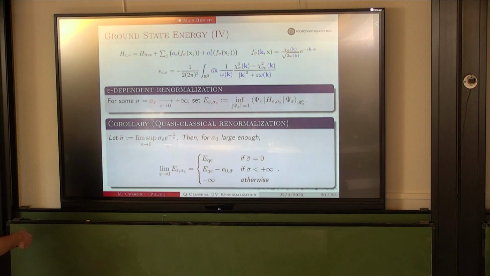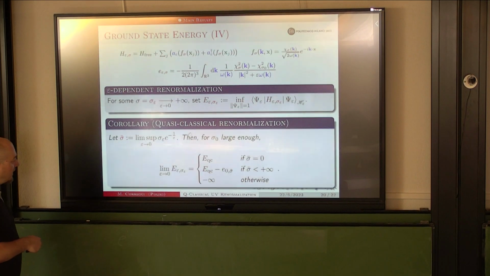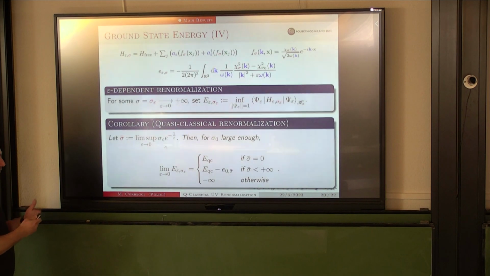If it goes at the threshold speed, we get a correction which is finite, and below the threshold we get the quasi-classical energy. That's an obvious consequence of what we said before. But this tells you that the two limits do not commute in the proper way, in the sense that you cannot perform the renormalization too fast.